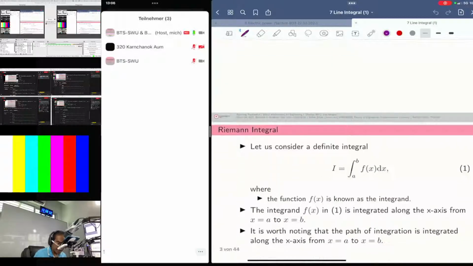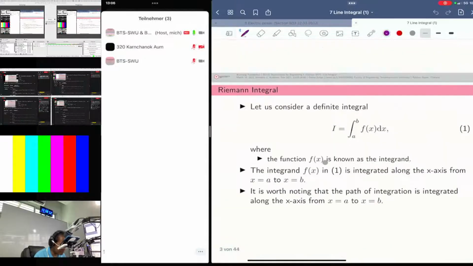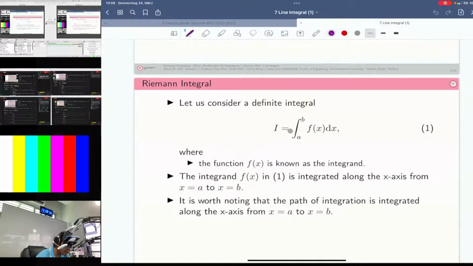Now let's move to the Riemann integral. You have known the Riemann integral for many years, right? It is the typical way you get used to once you enter calculus.